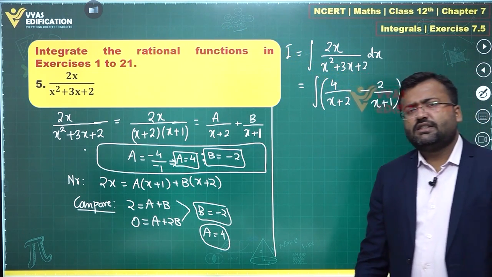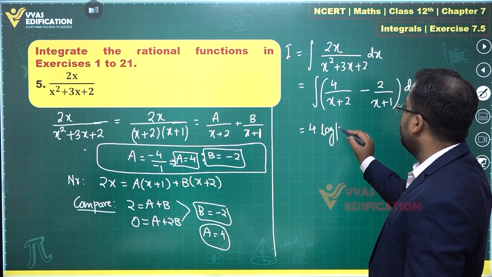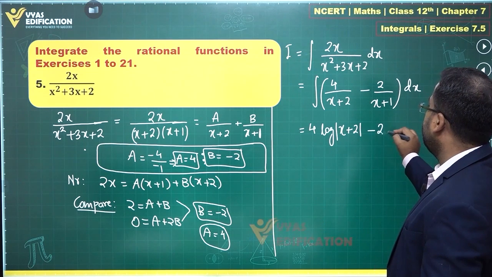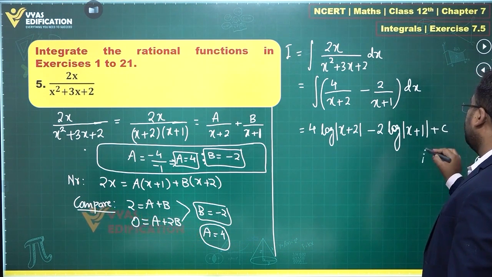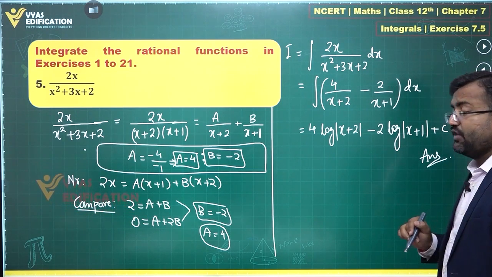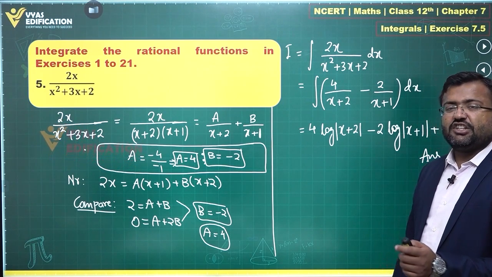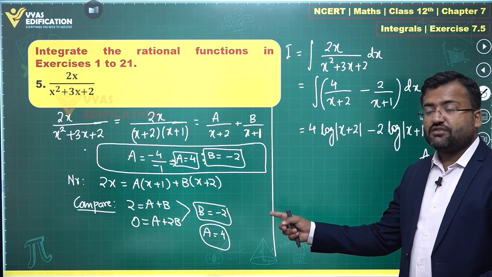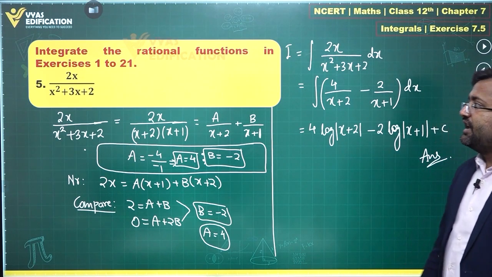Is that okay? So integration of this is 4 times log modulus x plus 2 minus 2 times log modulus x plus 1 plus constant. That's my answer for this particular question. As you can see over here in this 5th question, that's a complete solution. First finding the partial fractions, obviously before that we have factorized, and then integration, right? That is all that you have in this question.